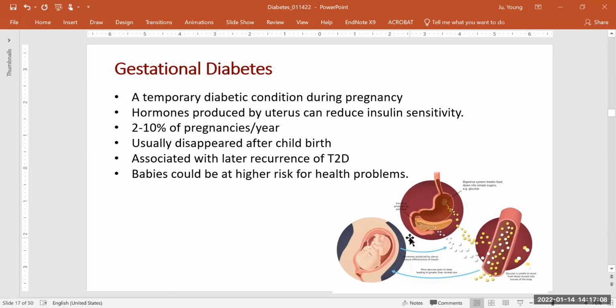Some of these hormones can reduce the mother's insulin sensitivity, leading to insulin resistance. Every year, 2 to 10% of pregnancies in the United States are affected by gestational diabetes. It usually disappears after the baby is born, but increases both the mother's and the baby's risk for type 2 diabetes later in life.